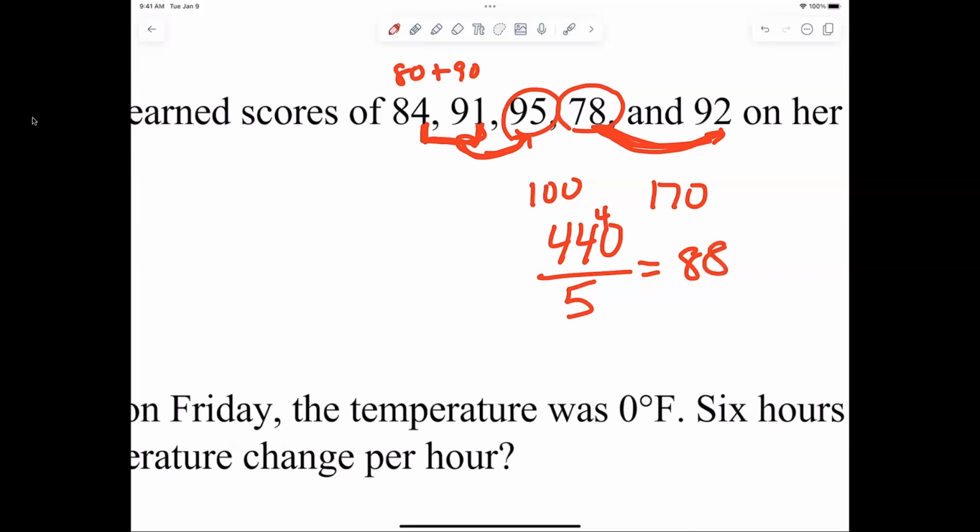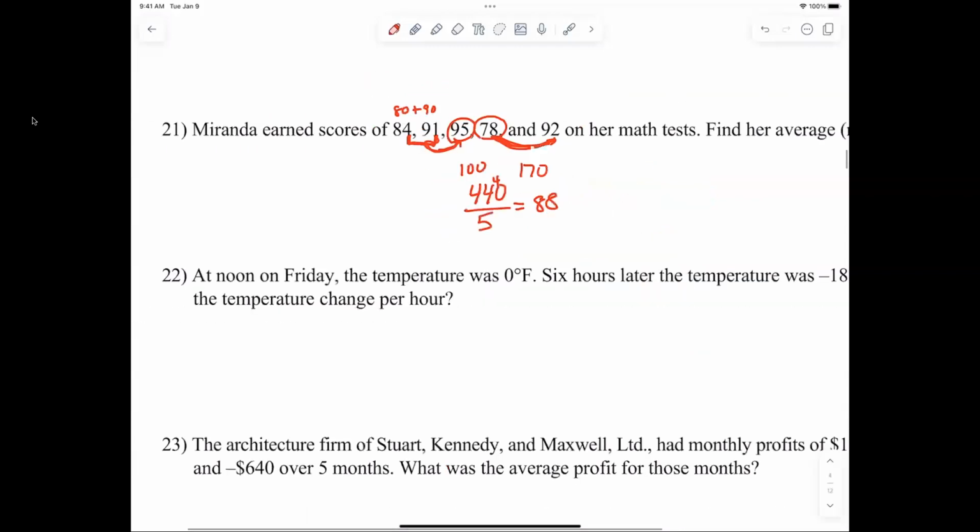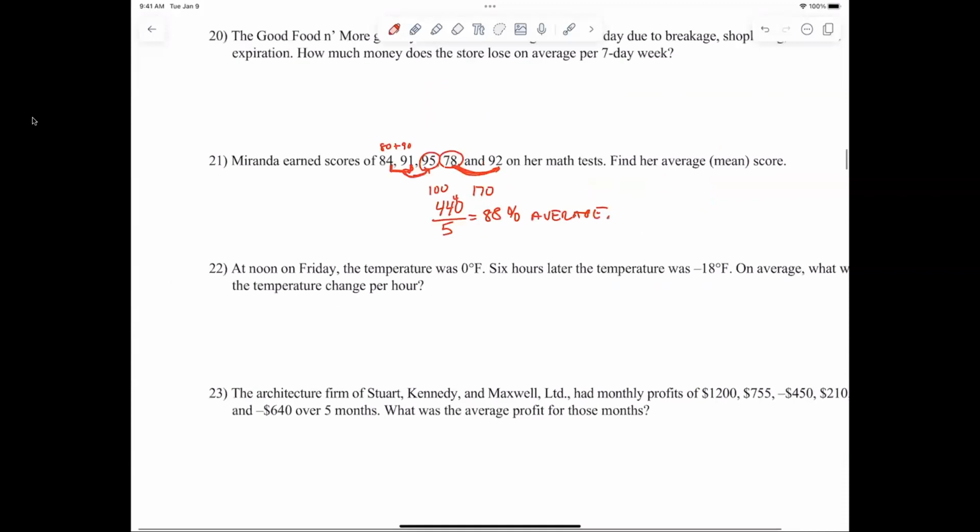Yes. So 88. So the average is 88%. It never said percent. Yeah, it's okay. That is a good point. All right, anybody have any issues with that?